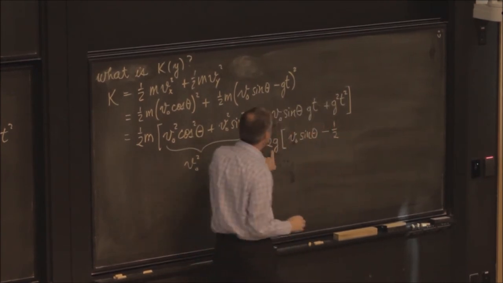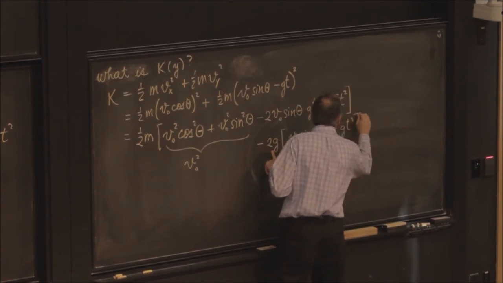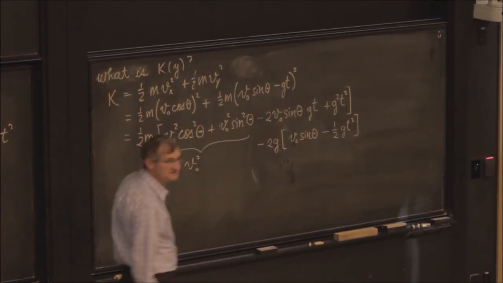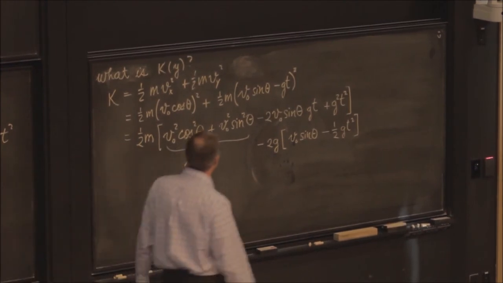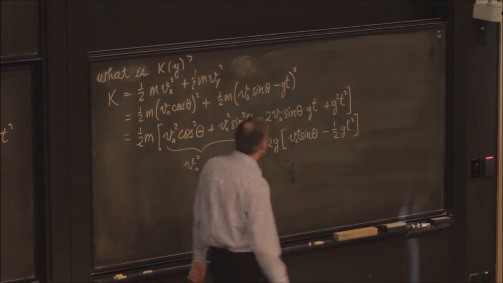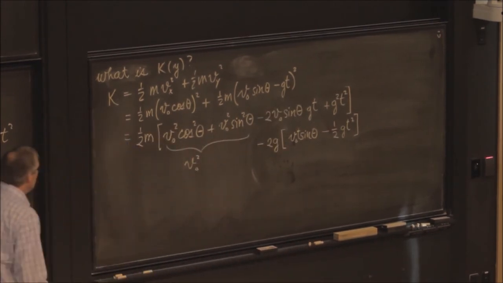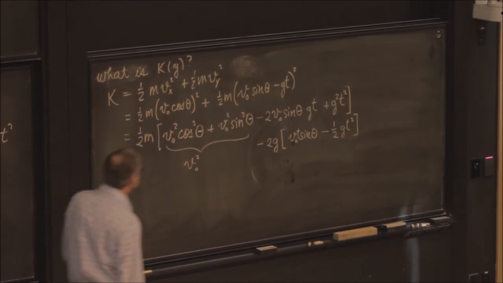I pulled out 1g, so I have 1 left, and I have gt squared, right? There should be a t in there. There definitely should be a t in there. Thank you. All right, so the stuff in the square brackets in that line, yeah, that is the same thing as y.